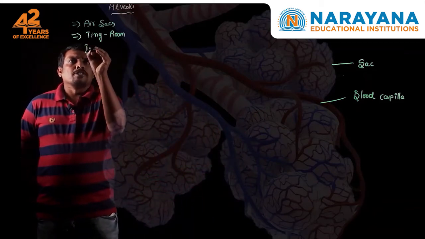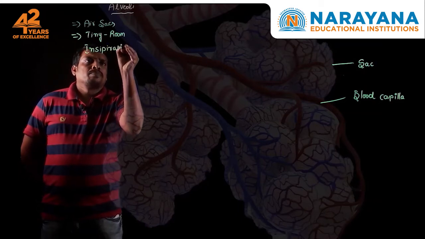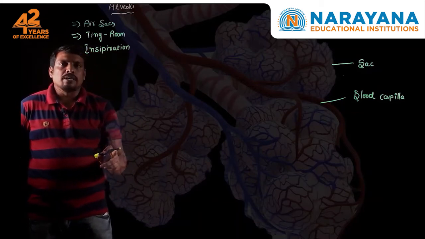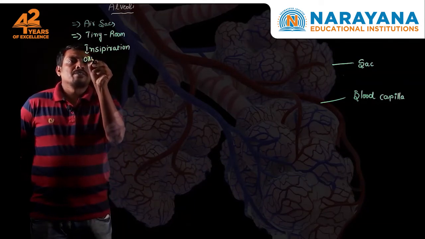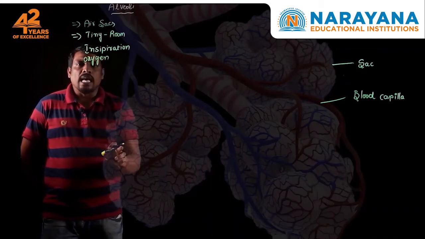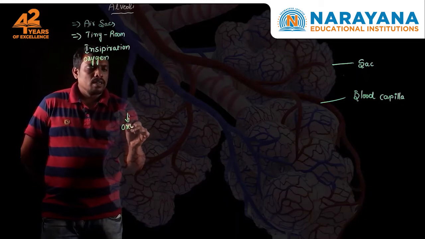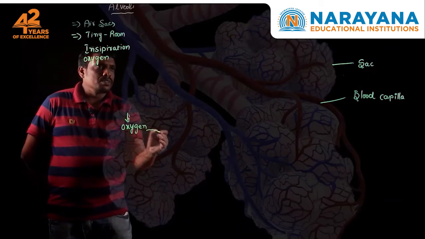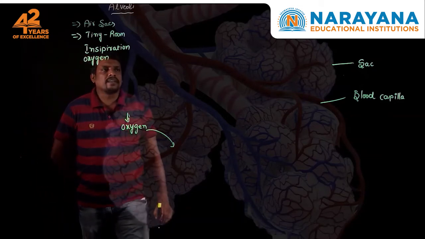If you take the inspiration process, during inspiration the gases are entering into these tiny sacs called alveoli. Oxygen enters into these tiny sacs, and this oxygen diffuses into the blood vessel or blood capillary there.